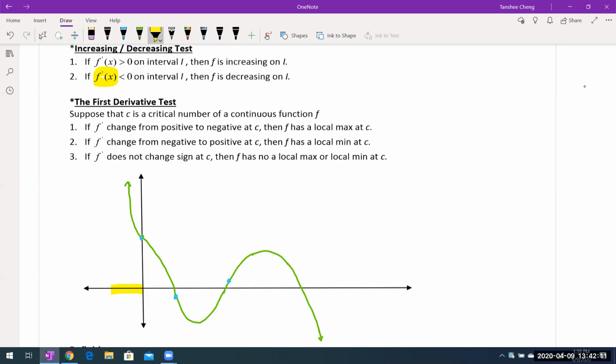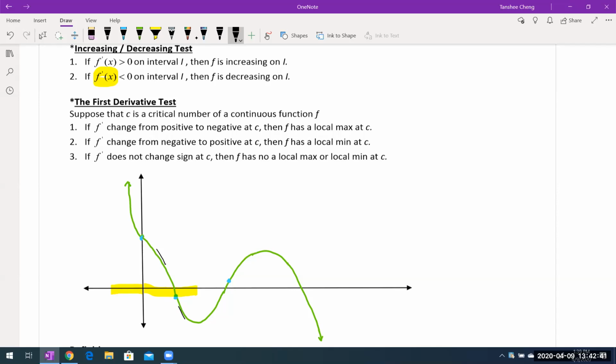Continuing, if I continue looking from 0 all the way up to this point right here, the slope of the tangent line is still negative. Do you see that? Let me draw with another color pen. The slope of the tangent line is like this, a negative slope, and right here also a negative slope.